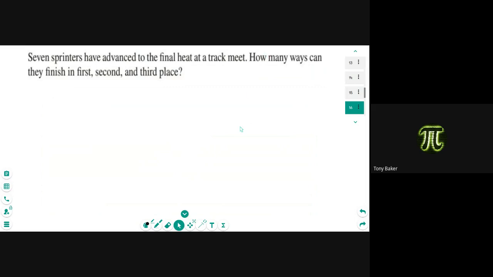So this is a permutation, so we're going to use nPr. n is the number that I have, so that's 7. r is the number that I want. How many positions am I looking for? 3.